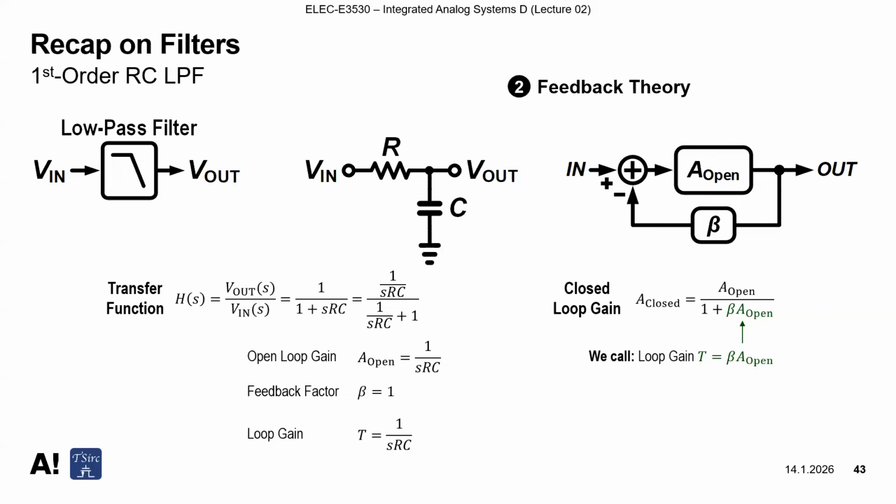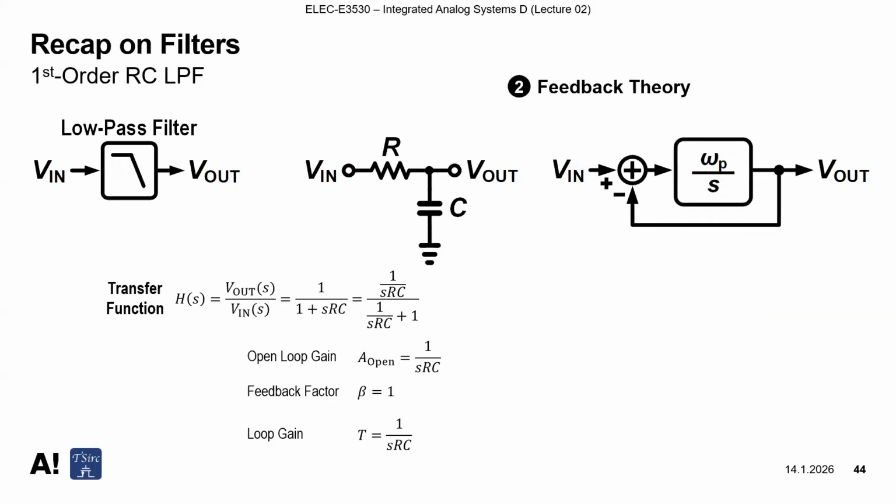And when we set the feedback factor beta as 1, our loop gain becomes T equal to 1 over SRC, which is the same as the open loop gain. So by making this kind of equation, there are some similarities between the closed loop gain and the transfer function. So we can make the numerator part the open loop gain, and also the same factor of the numerator, 1 over SRC, the loop gain.